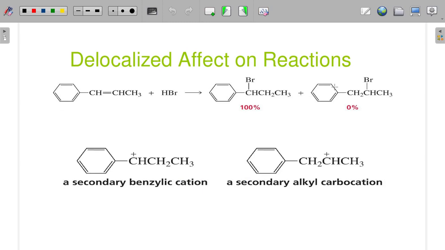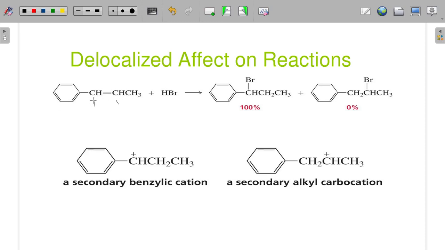Turns out our reactions of our alkenes will get varied somewhat by this delocalized effect. Now, benzylic one really affects it kind of only one way. We don't ever have to worry too much about mixtures if you actually have an alkene right next to benzene, because even though Markovnikov says we add our H to the side with more H's, and in this case, neither side necessarily has more H's, we would expect 50-50.